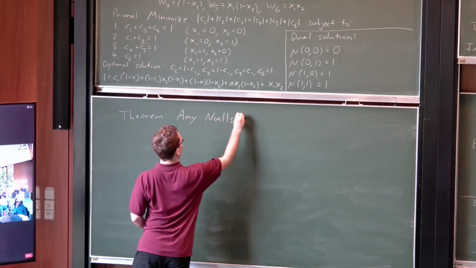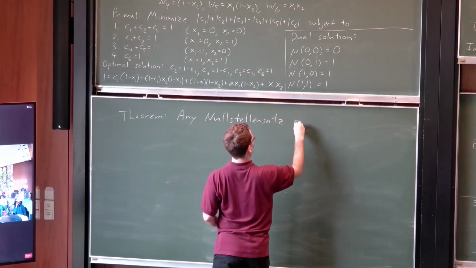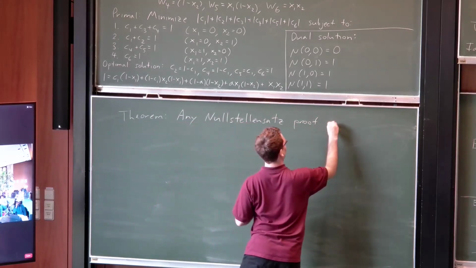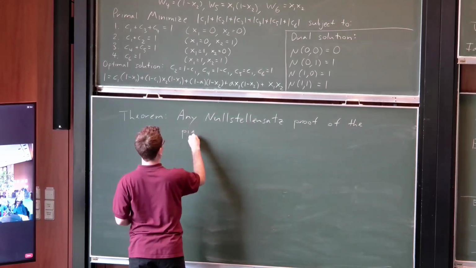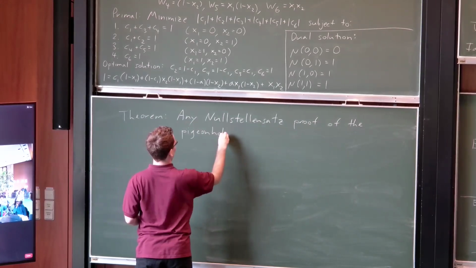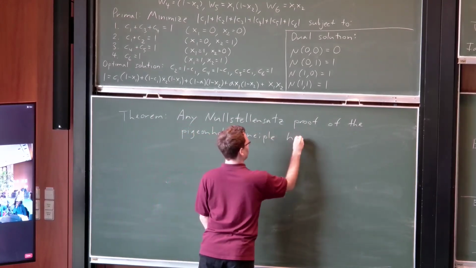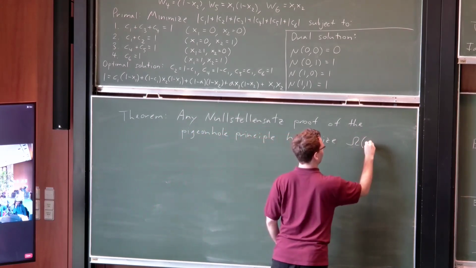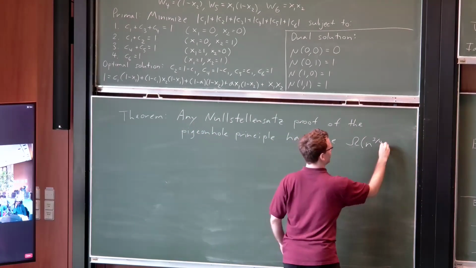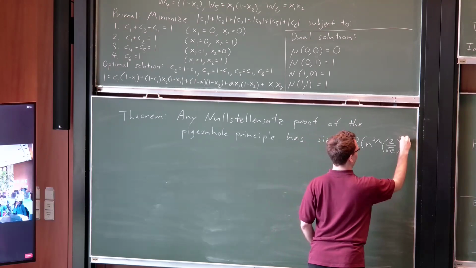Any Nullstellensatz proof of the Pigeonhole principle has size Omega of n to the 3/4 times 2 over the square root of e to the n.